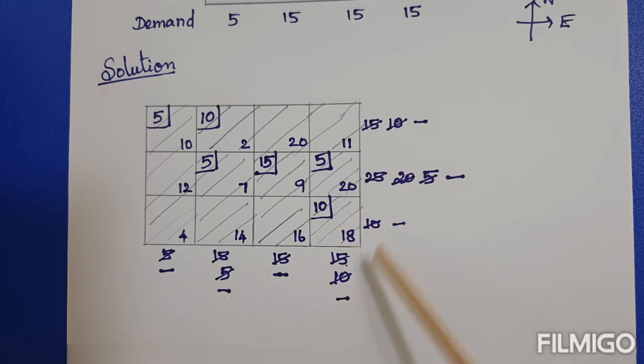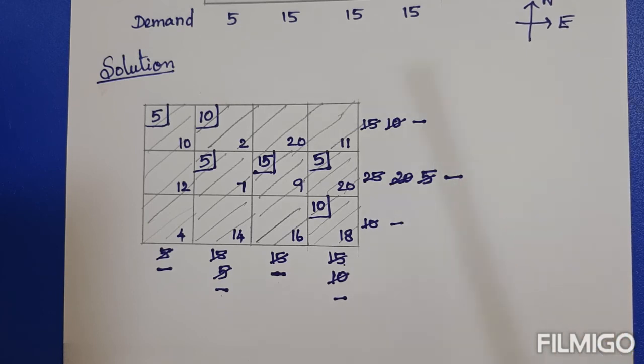All these demands and supply, all these requirements should be empty. Then we have to check all the cells should be crossed out. Then we have to check the demand and supply.